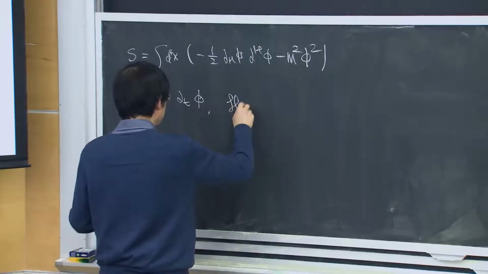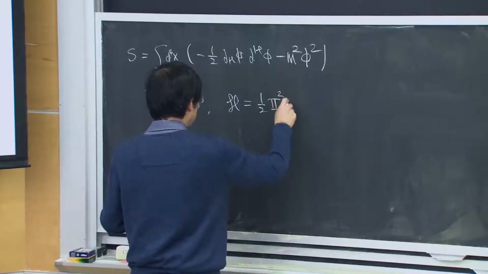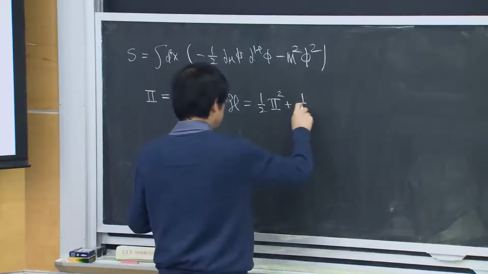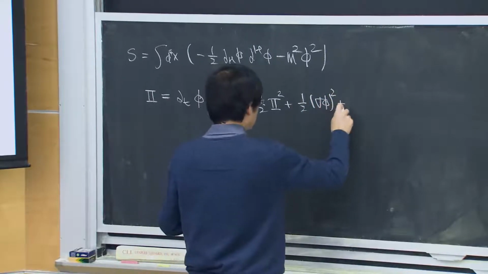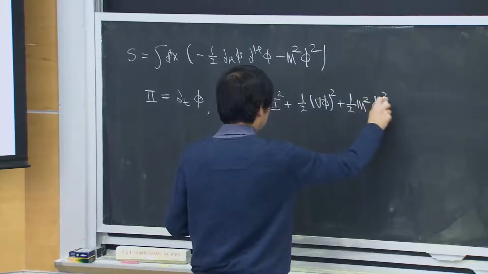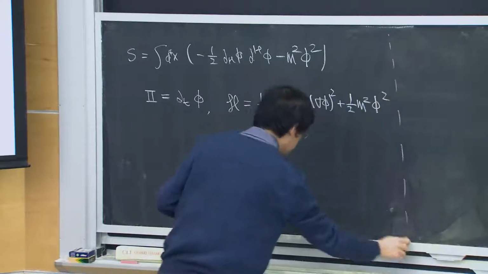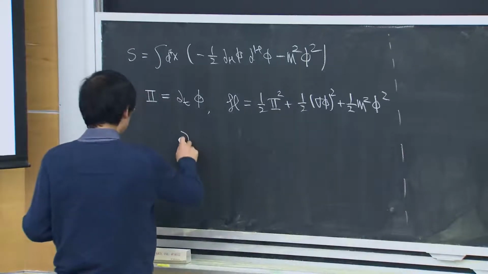Then the Hamiltonian density would be one half pi squared, and the classical equation of motion.